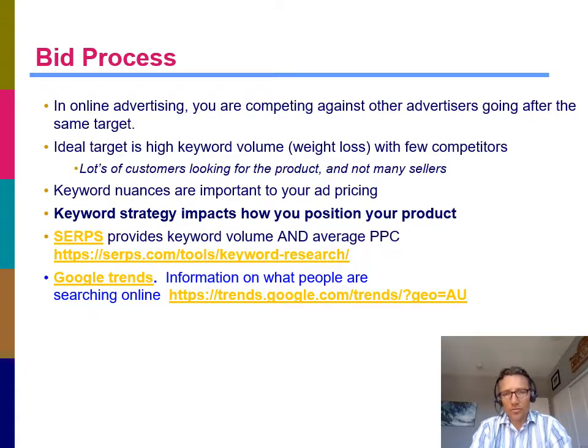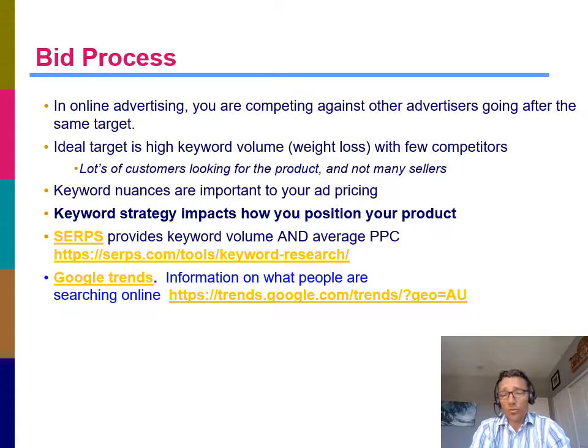Now, I apologize for the bright yellow links here. I couldn't get PowerPoint to change these colors. But if you look at those last two bullet points, there are some websites where you can go and do a keyword volume search. So for keyword volume, you'll type in something like, say, mountain bikes, and it'll say, here's how many people are searching for this term. There's SERPs, S-E-R-P-S, and I've given you their website there. You can sign up for a free trial.